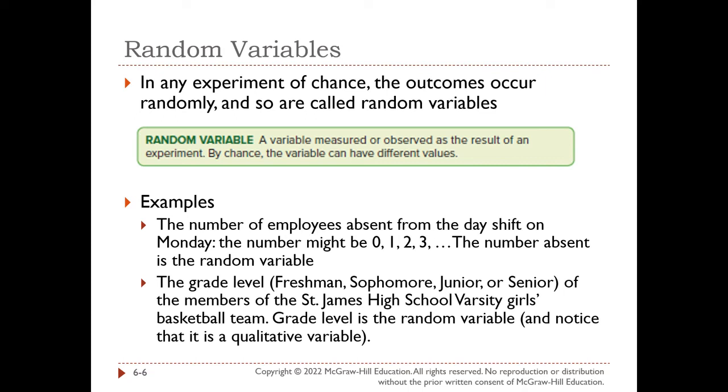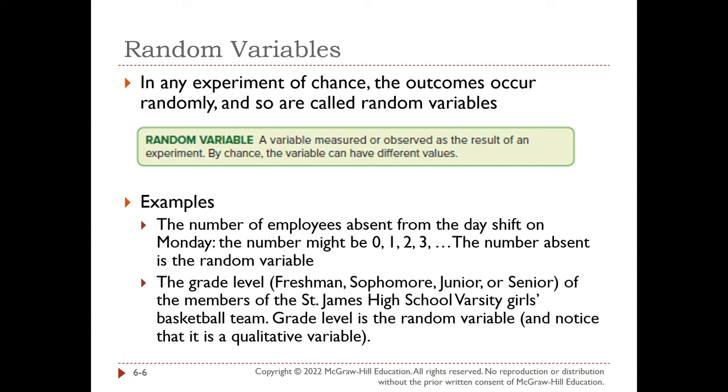Another example is the grade level of freshman, sophomore, junior, senior of the members of the St. James High School varsity girls basketball team. Grade level is also a random variable, and notice that this is a qualitative variable. It's a qualitative one because it is random.